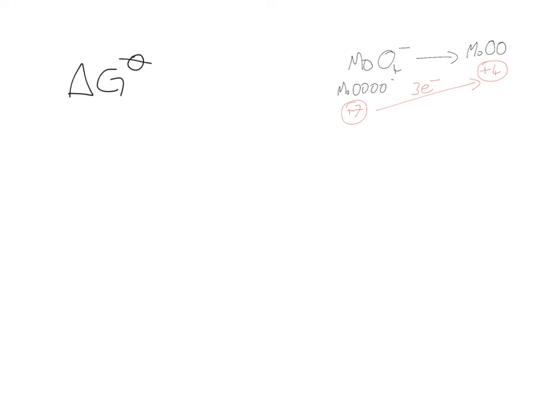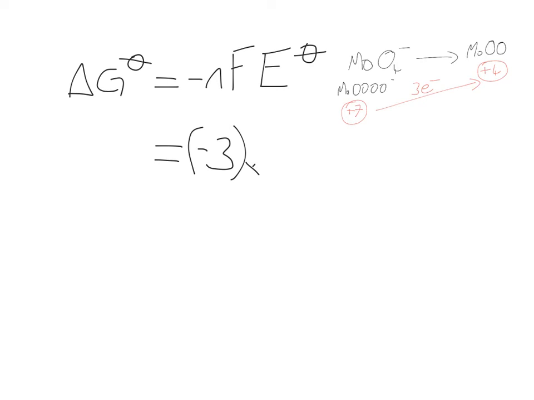The Gibbs free energy under standard conditions is minus the number of electrons involved in the process, multiplied by Faraday's constant, multiplied by the standard potential of the cell. In this instance, this means we're multiplying by minus 3 electrons in the process. Faraday's constant is a constant, so we'll multiply by that again. And here the standard potential of the cell is plus 0.6 volts.